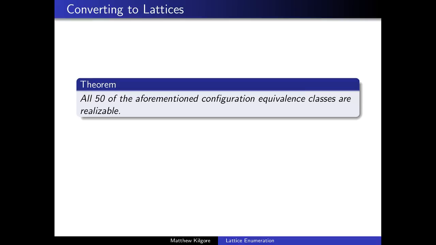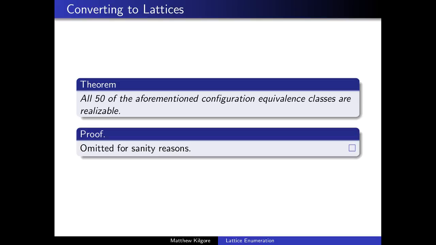Now, there is one small detail afterwards to take note of, and that's whether these configurations are realizable. And the answer is yes. All 50 of them are. Now, I'm not going to prove that because the proof is basically a computer check.